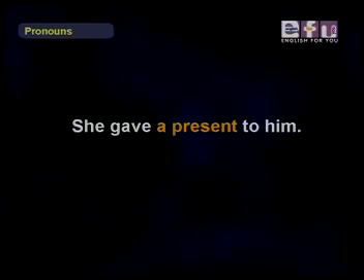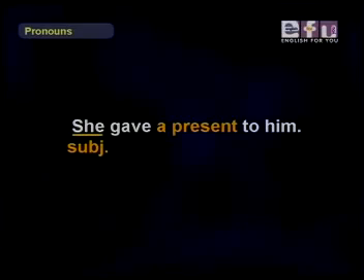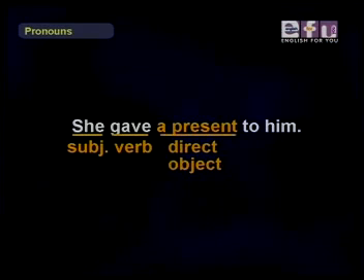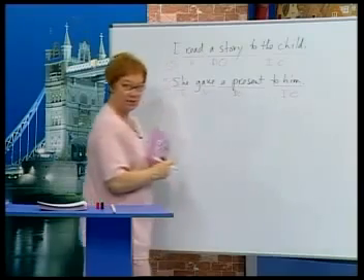Now, here's some more examples. She gave a present to him. She gave a present to him. Subject, she. Verb, gave. A present, you know, direct object. To him, indirect object. Okay?